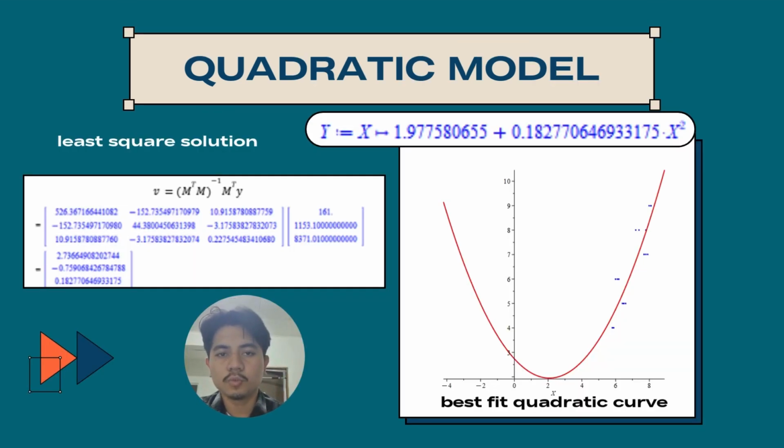Now let's move on to the least square solution. V equals M transpose M inverse times M transpose y. So y equals 1.977580655 plus 0.182770646933175 times x squared. And here we got the best fit quadratic curve.